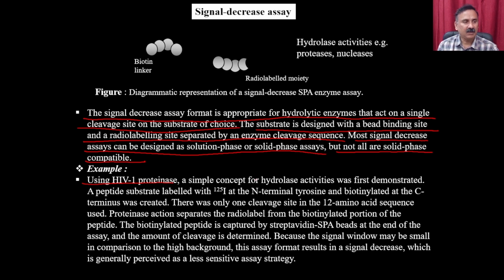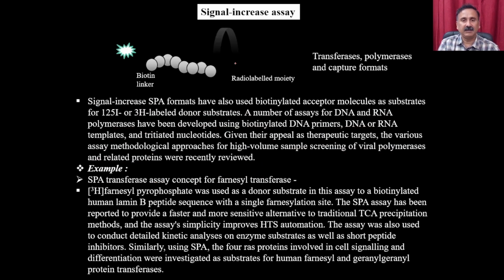Okay. Then we can also have the signal increase assay. This is good for the transferases, polymerases, and the capture format. The signal increase SPA format uses a biotinylated acceptor molecule as a substrate for an iodinated or tritium labeled donor substrate.